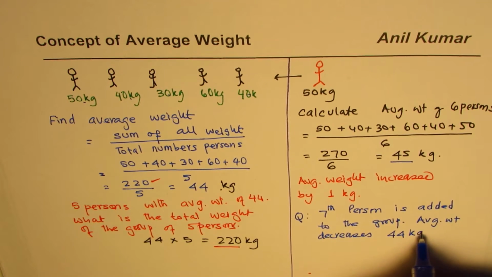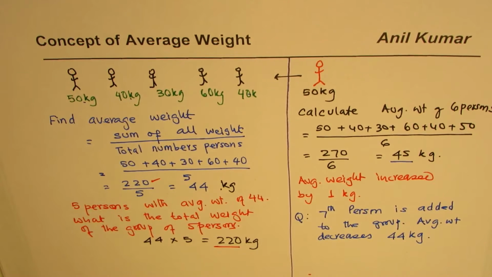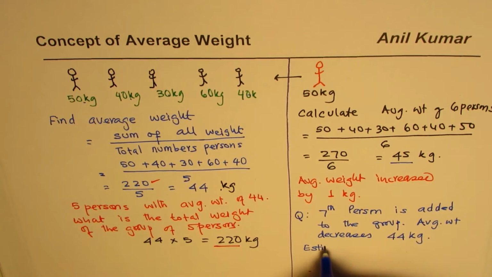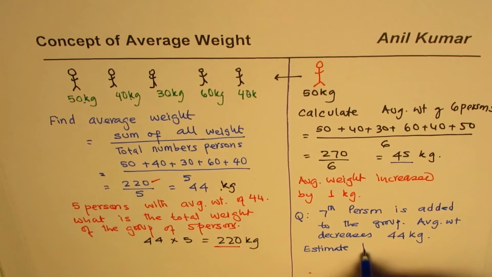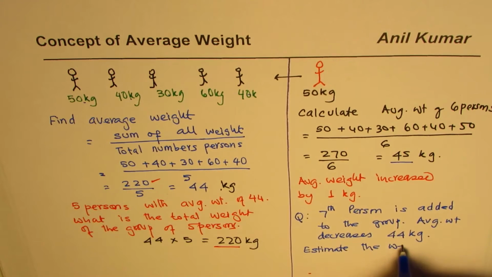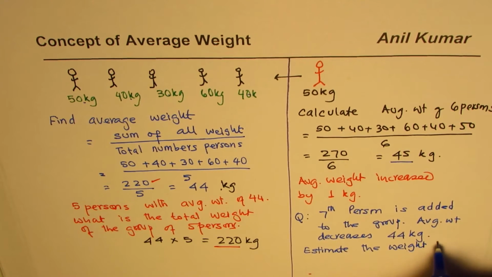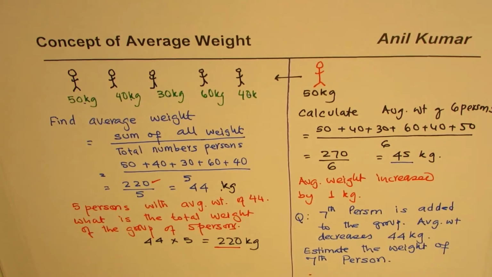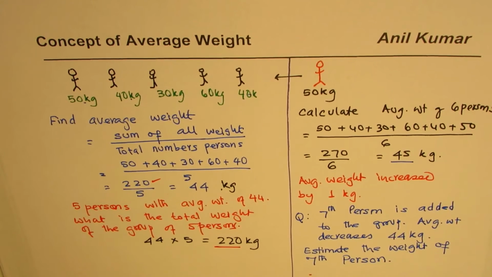Again, 44 kg, right? It comes back to the original level of 44 kg. Estimate the weight of the 7th person. So that's a question for you.